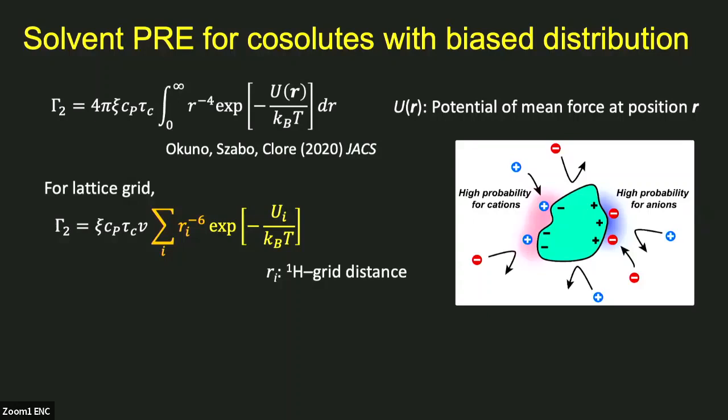But more realistically, we should use at least two model representations because those two parts, I mean, charge moiety and paramagnetic centers, are at different positions. So we are now trying to improve this method by developing a better model and better representation for the paramagnetic co-solute. But that's probably feasible.